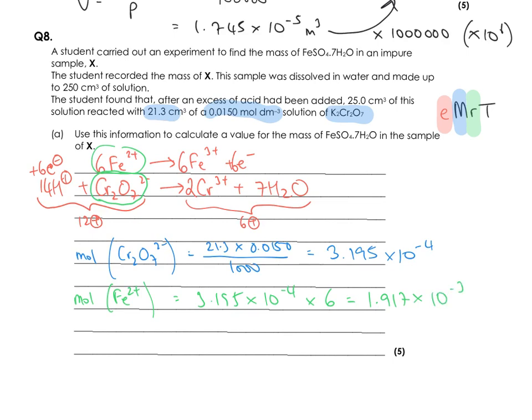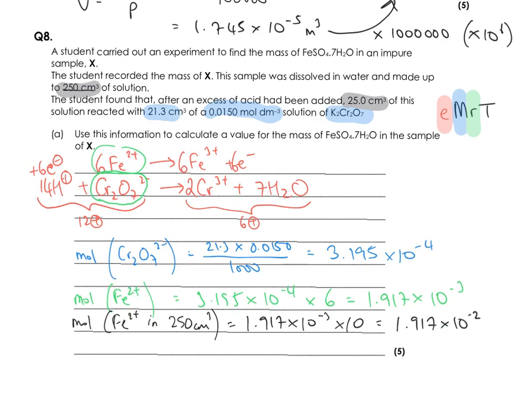Then the next step is we've got to multiply up by 10, because we took 25 centimetres cubed of the 250 centimetres cubed solution. So our moles of the iron 2+ in 250 centimetres cubed equals the 1.917 times 10 to the minus 3 times 10, which equals 1.917 times 10 to the minus 2.